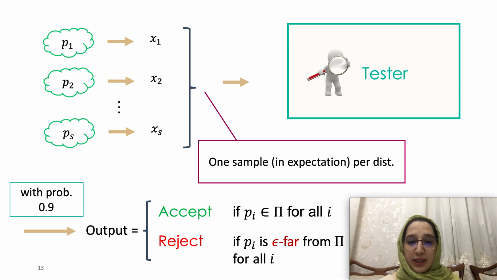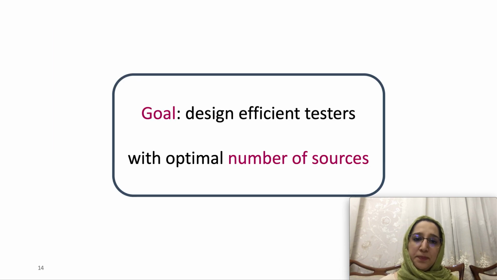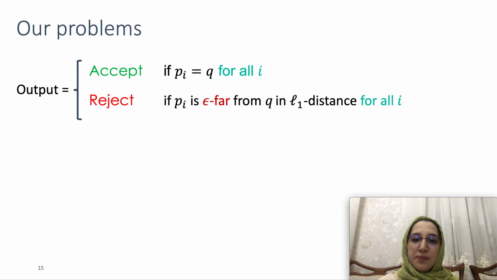And in the second case, all the distributions are epsilon far from having the property. Here, our goal, instead of having the optimal number of samples, is having the optimal number of sources, which is equivalent because each source provides only O(1) samples.